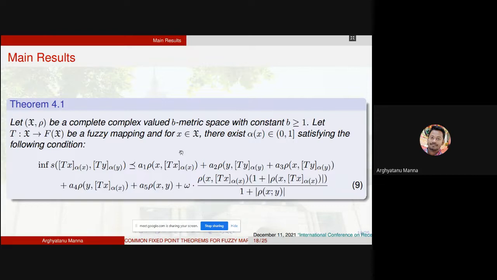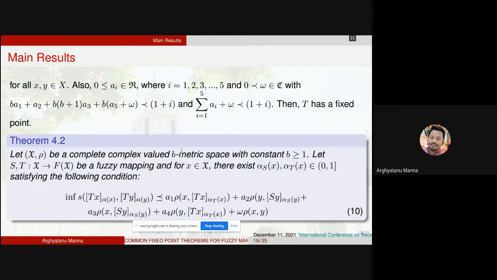Let T: X → F(X) be a fuzzy mapping, and for x belonging to X, there exists α(x) belonging to (0, 1] satisfying the following condition: infimum of S(T(x)α(x), T(y)α(y)) ≾ A1 ρ(x, T(x)α) + A2 ρ(y, T(y)α) + A3 and A4 ρ(y, T(x)α) + A5 and so on, and the following conditions hold, then T has a fixed point.